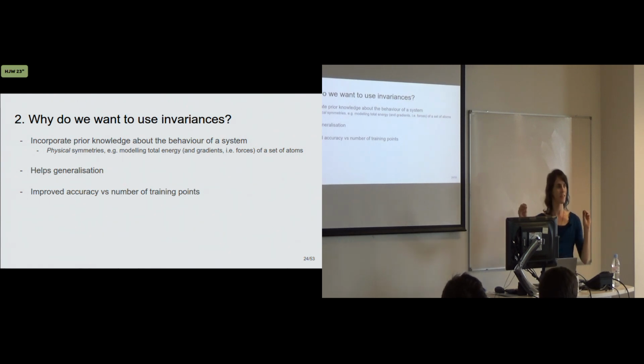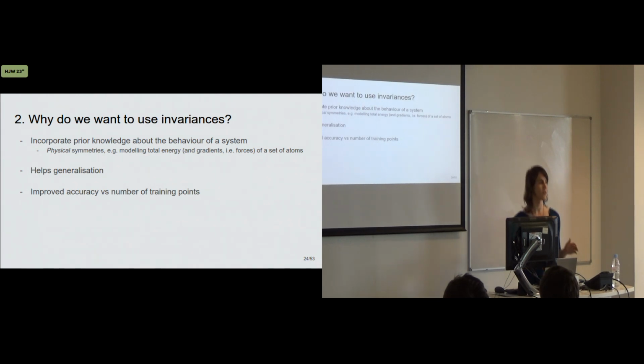So if a physical energy is symmetric between swaps of two molecules, it would be a bad model if in our model it's not the same thing. This also helps generalization. If our data obeys some symmetry invariance, then we need fewer training points to get better accuracy.